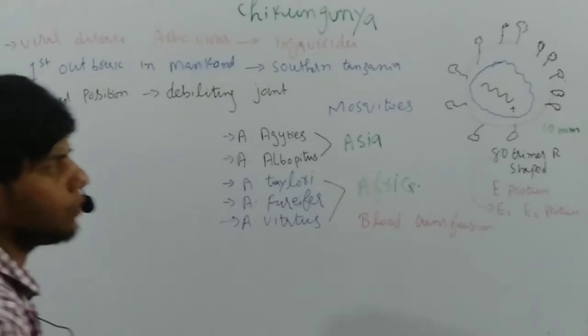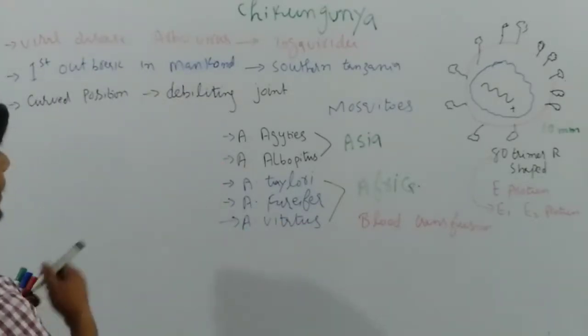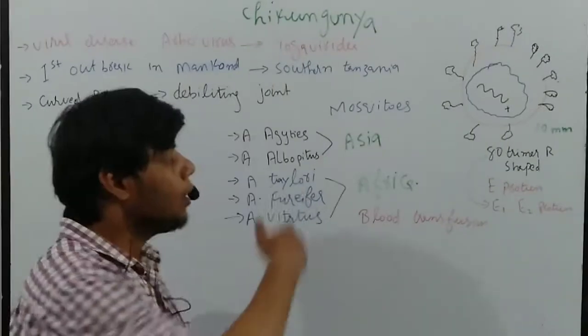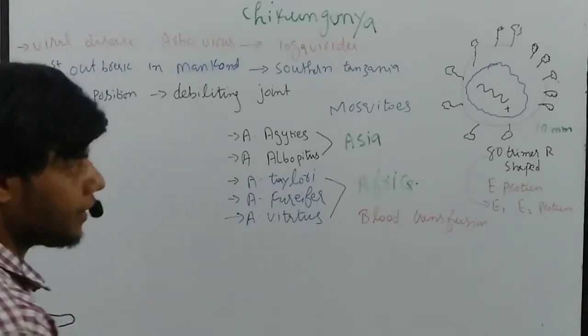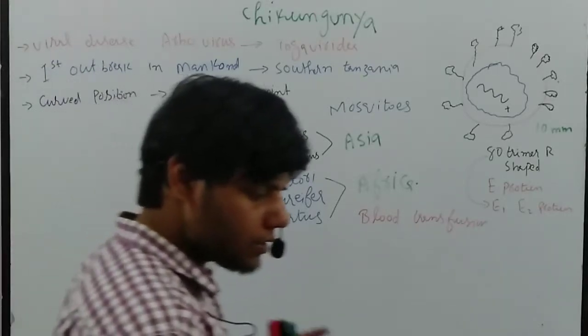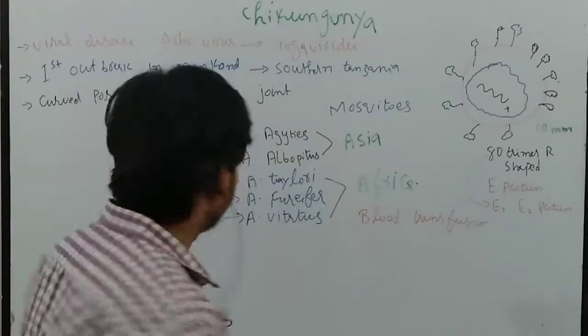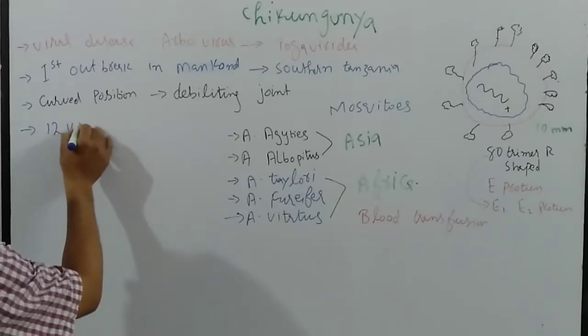Then, if we talk about the genome of the Chikungunya virus, it has positive RNA, as we discussed, and the length of this genome is almost 12 kb.